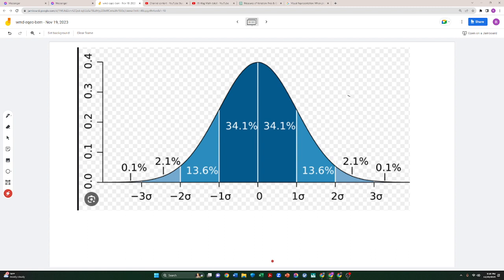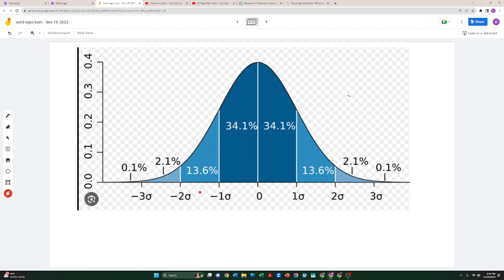Okay, and then, as you can see here, 34, 34, 13, 13, 2, 2, 1, and 1. It means that approximately 68% of the data falls within one standard deviation of the mean.